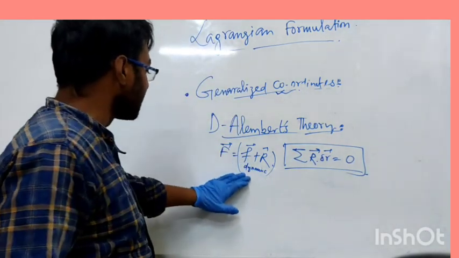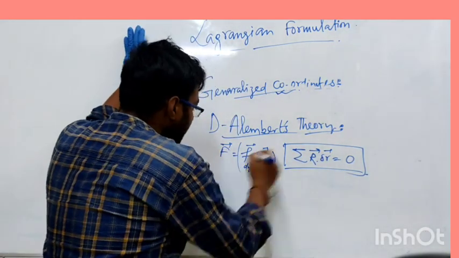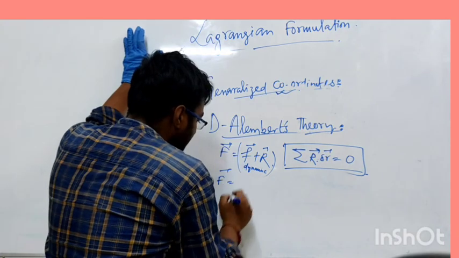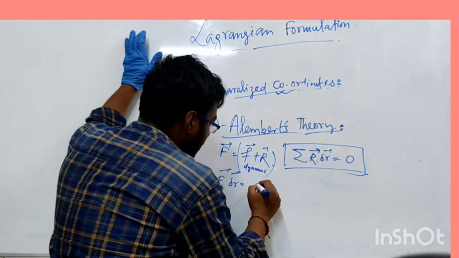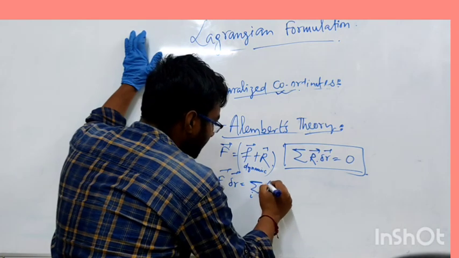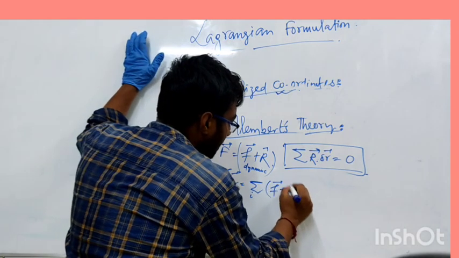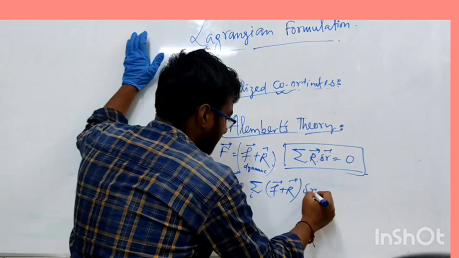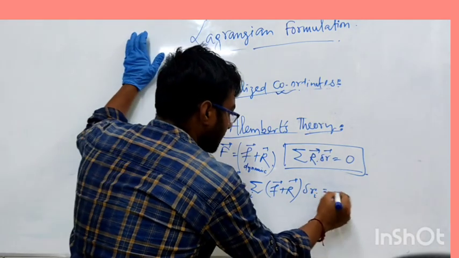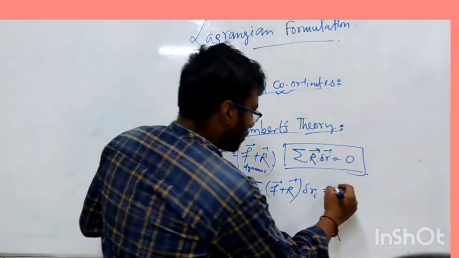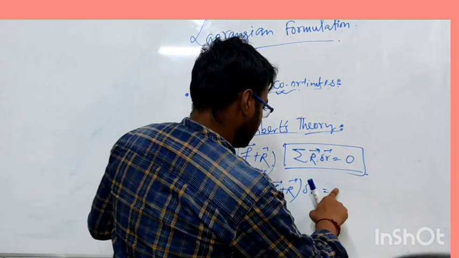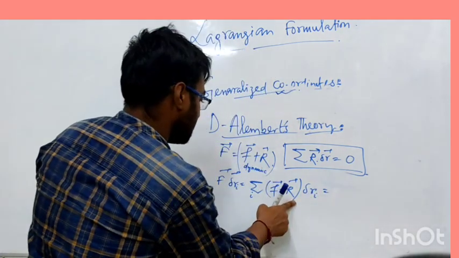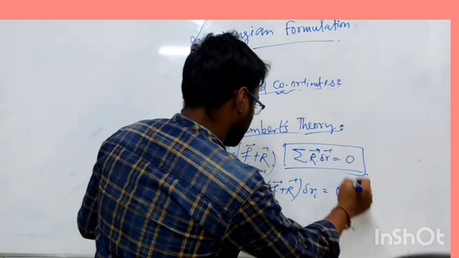So what will be the equation of motion? Now the equation of motion will be F dot del R equal to (F plus R) del Ri equal to 0.